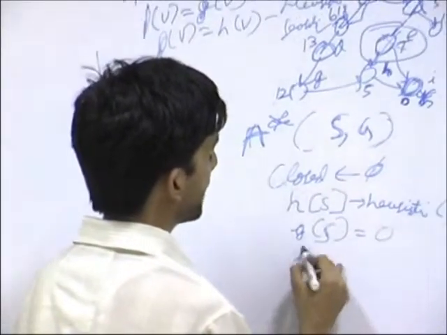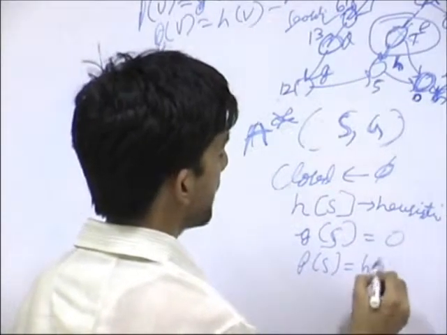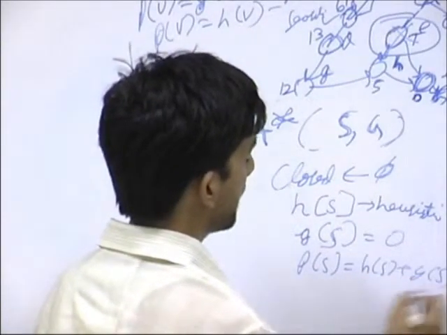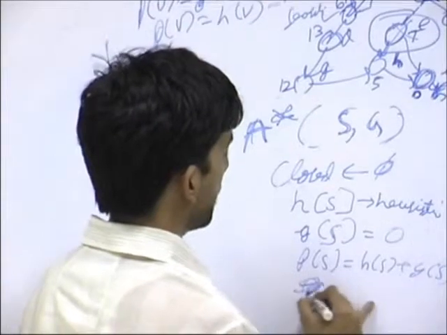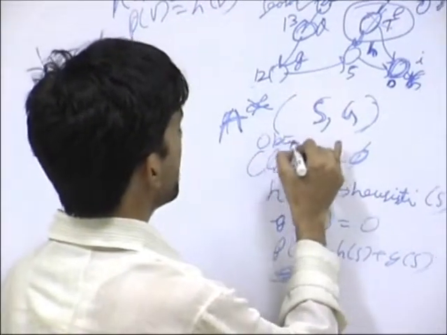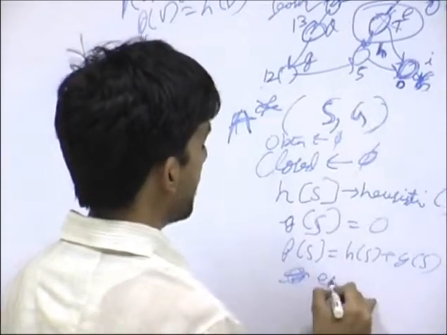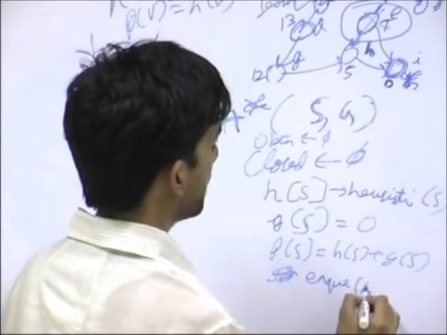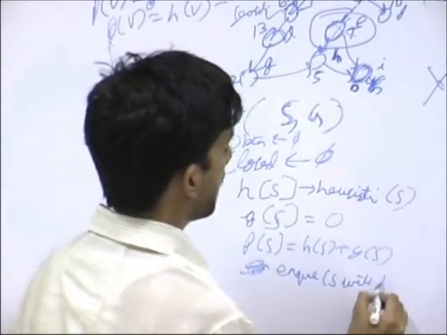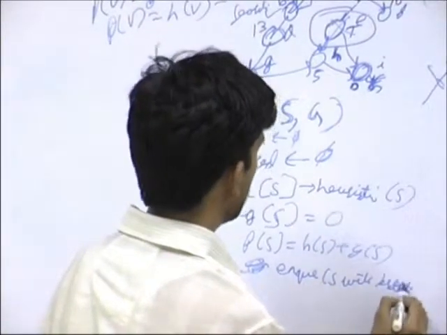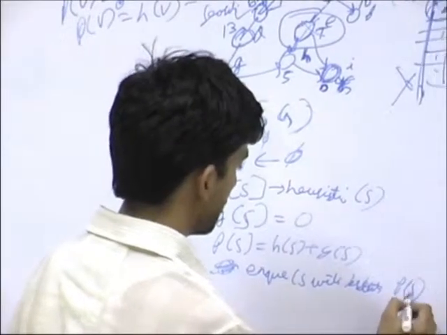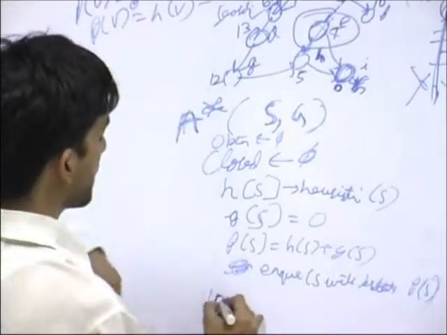I simply say that the total cost of S is HS plus GS. I take an open list, I enqueue source over here with priority Fs, and then my simple loop starts.